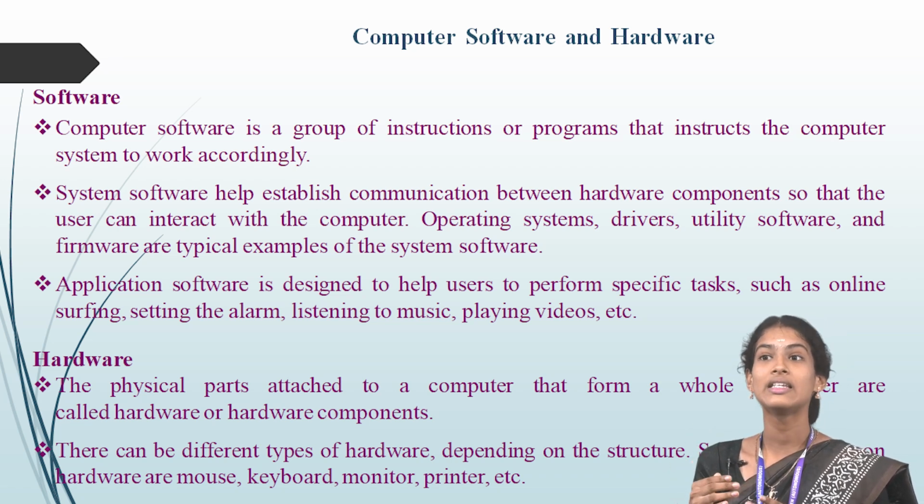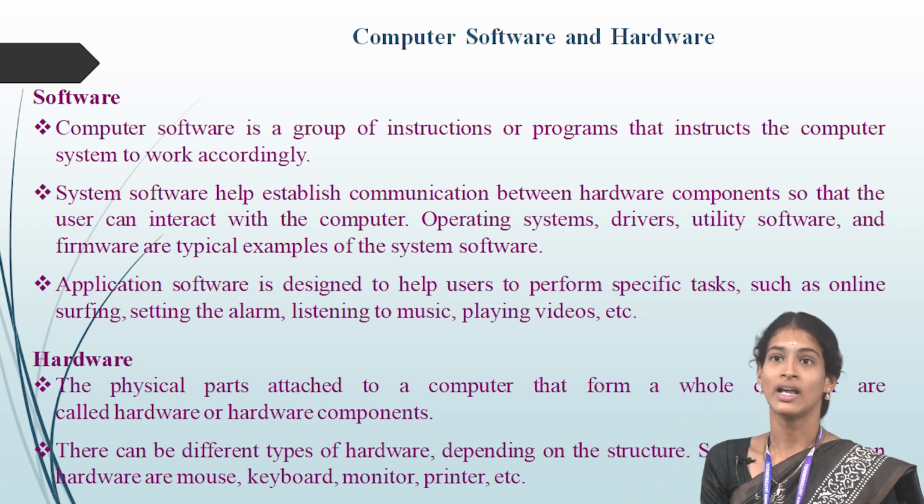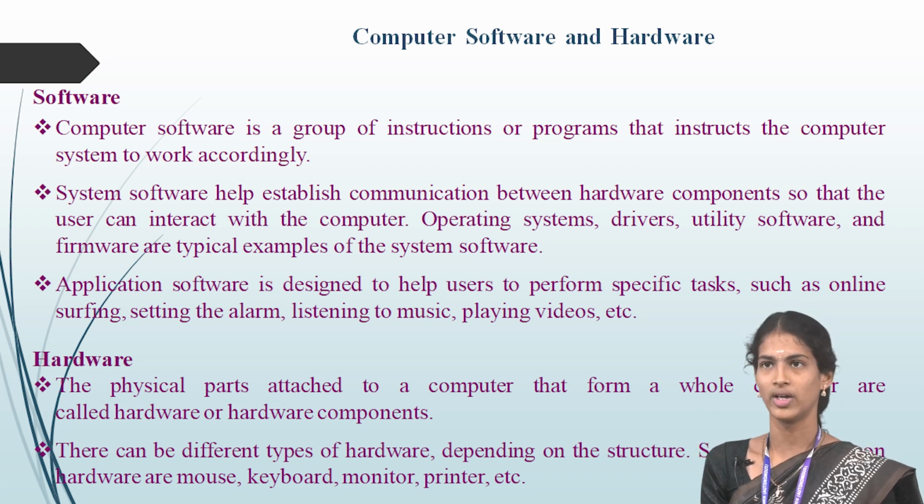They provide an interface to run additional third-party programs. Utility tools, operating systems, drivers, utility software, and firmware are typical examples of system software. The next type is application software.